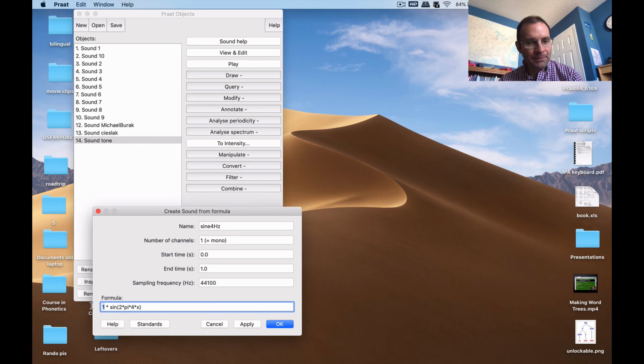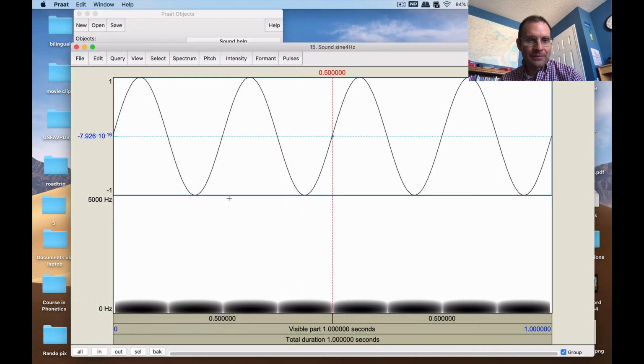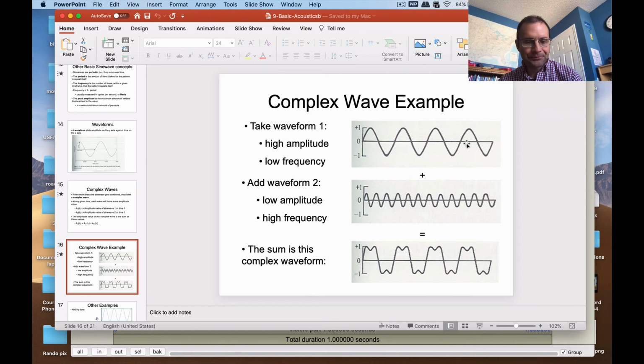So this corresponds to that big sine wave, the first sine wave I showed you on the previous slide, with a peak amplitude of 1, and a frequency of 4. Okay, and we can look at it, and it should look pretty similar to what we saw on the slide, right? It should look like that.